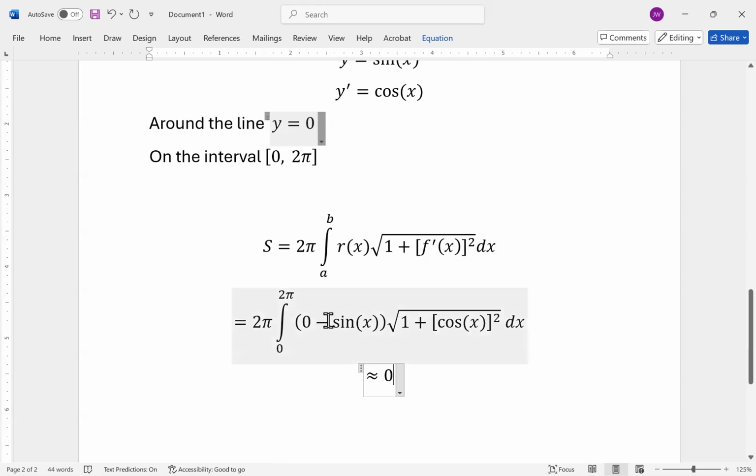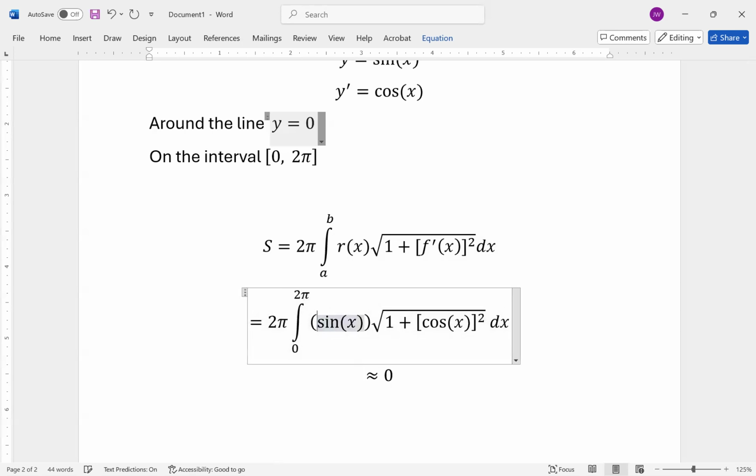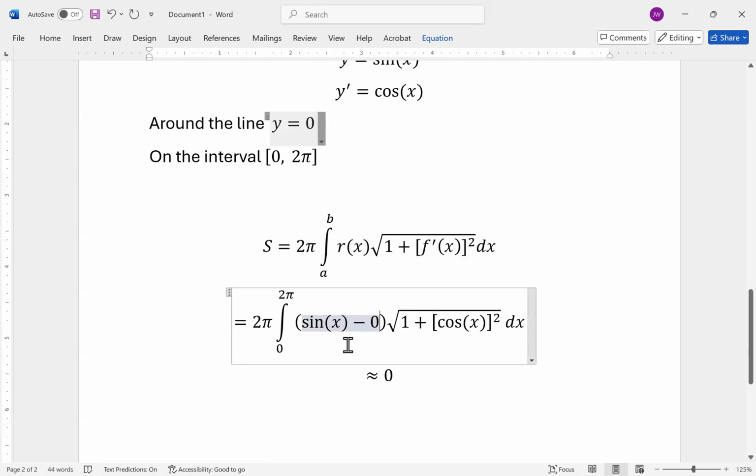The reason is, and it would have worked the same way if you'd put sine of x minus 0 inside of your parentheses, it doesn't matter which way you integrate that.